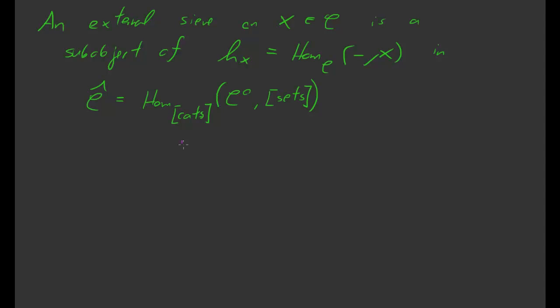So this is the category of contravariant functors from C into sets. So that's what an external sieve is.